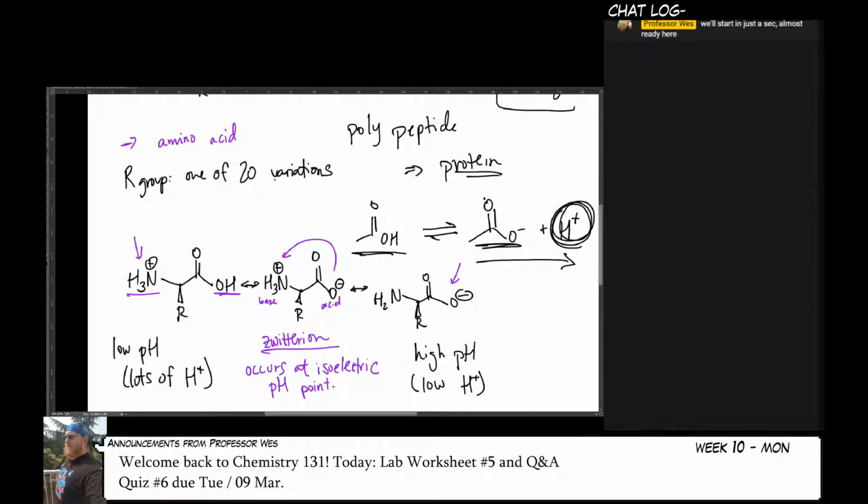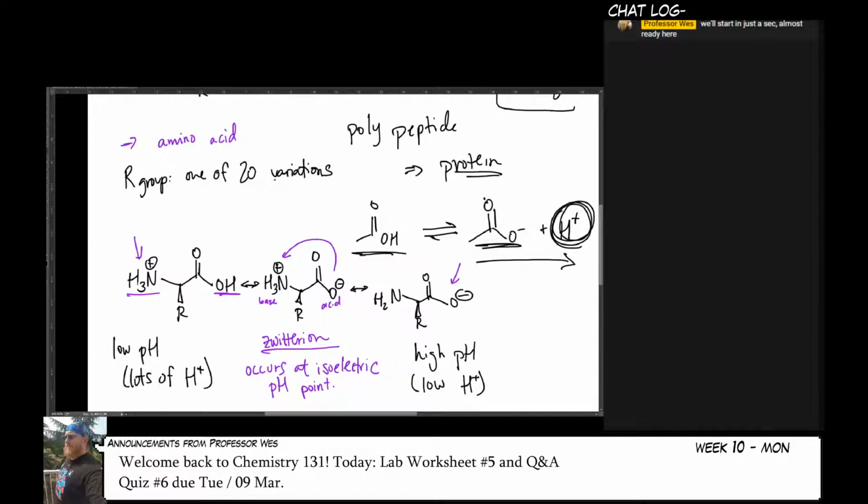At other pHs, higher or lower than that, the protein will be charged on one side or end based on what pH we're looking at. So if it's low pH, the amine side will have a charge because it picks up a proton. If it's high pH, the carboxylate side will be charged because it gave away its proton long ago.